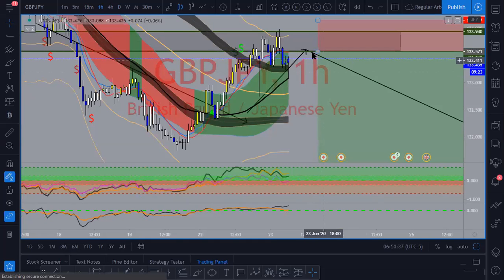I want it to come up here, which is only about how many pips that you might be in the negative if you do try to take the trade right now. 14 pips in the negative. That's not terrible, but also like I said, that's not what I would want. So price come up to 133.571 and then drop.